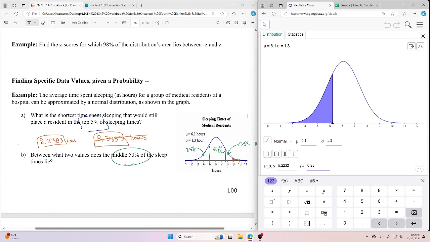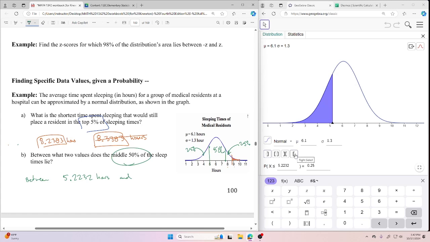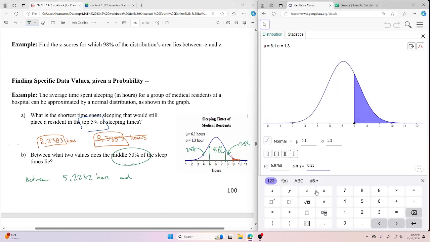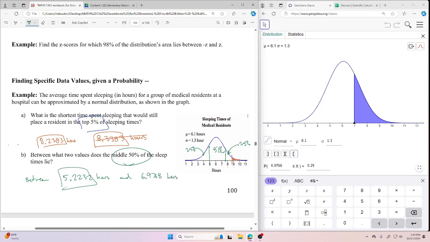And so then I would have 5.2232 hours. And I guess I have to say between to make it perfect. And then I want to go on the other side. So I'm going to click this so it's on the other side. Change it to 25. There we go. 6.9768 hours. So there's your two answers.